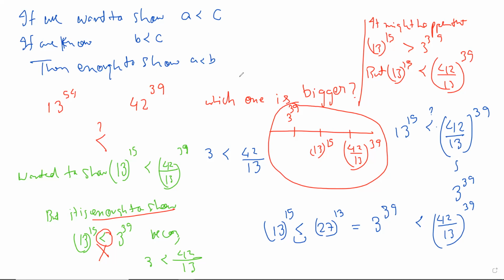If A less than B turns out to be true, then you are lucky, you are done. But if it is not true, then you should not think the problem is wrong. It's not necessary.